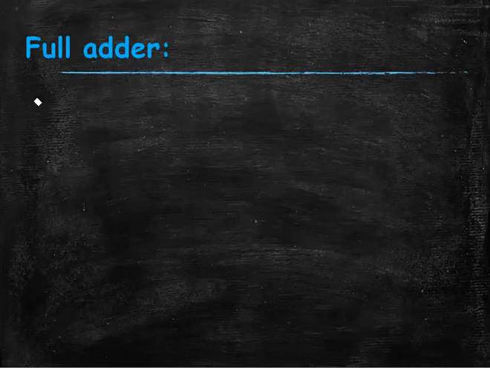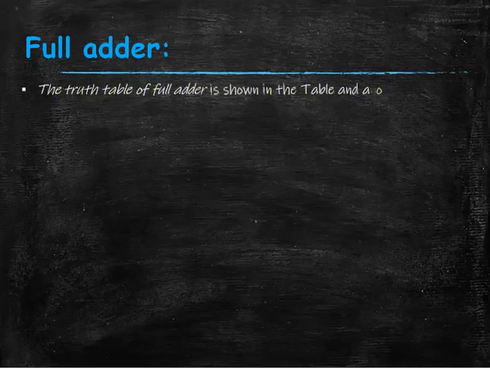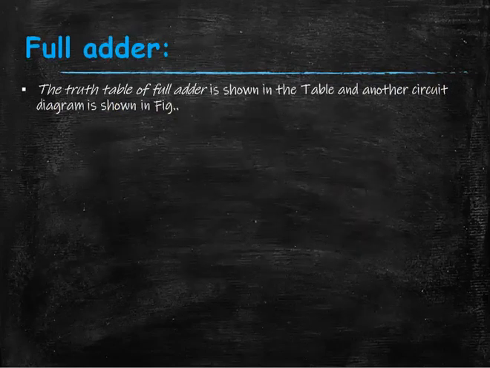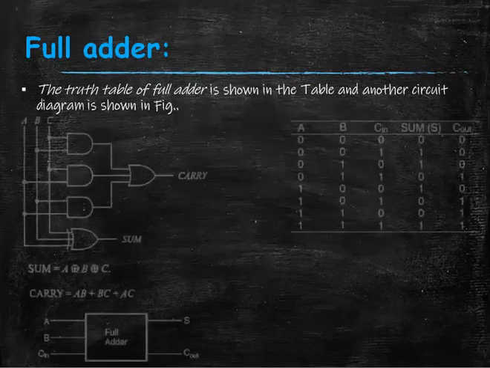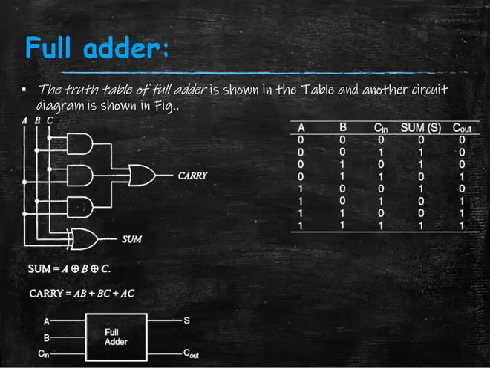That is, we can implement the sum using an XOR gate which has 3 inputs, and using 3 AND gates and an OR gate, we can represent the carry.